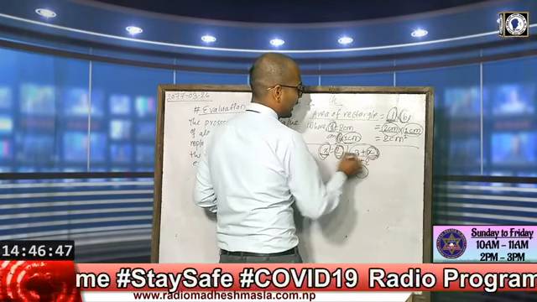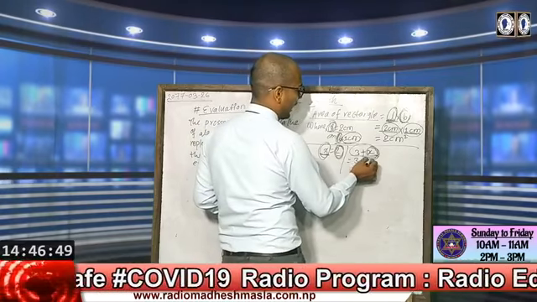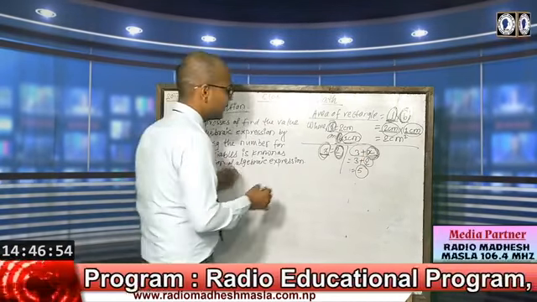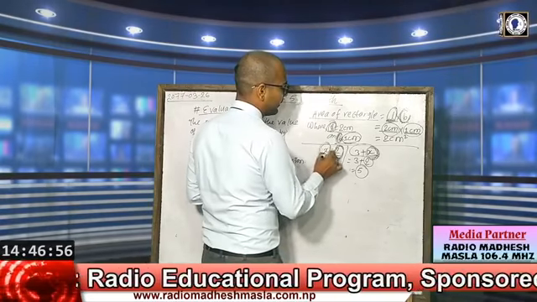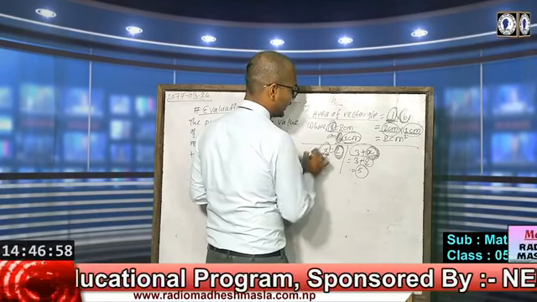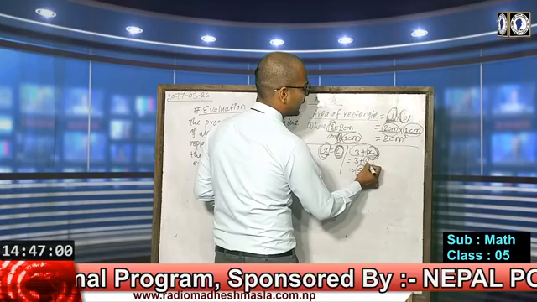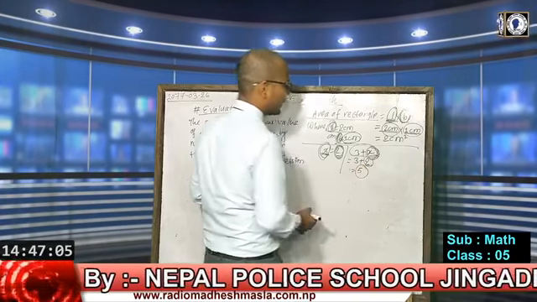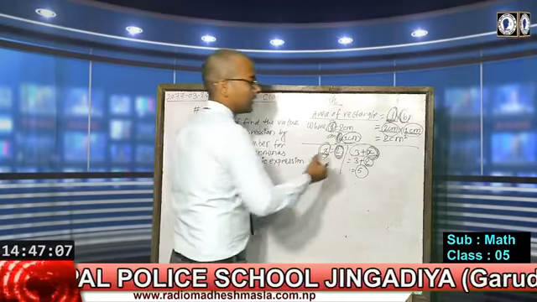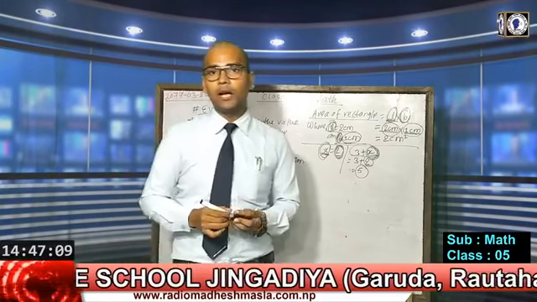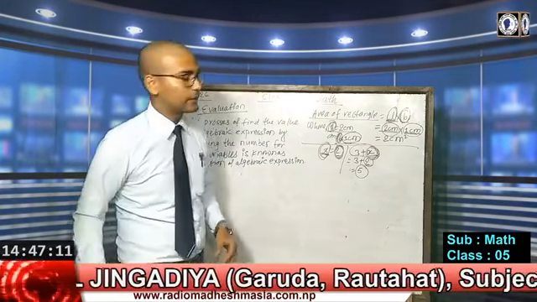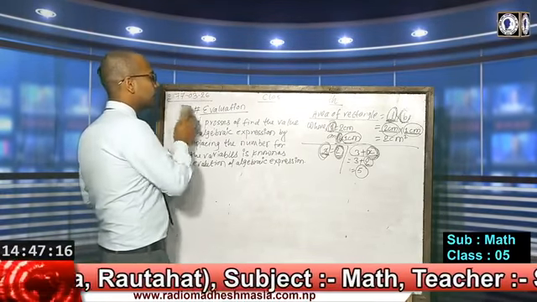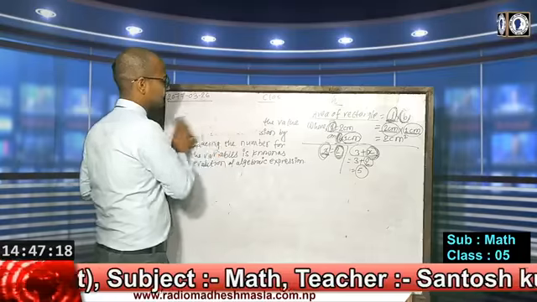Here we have the variable x, and we should put the value of x as the number, which is 2. So we replace 2 at the place of x. Then after adding we will get 5. So this is the process by which we can find the value of any expression. Such a process is known as evaluation of algebraic expression.